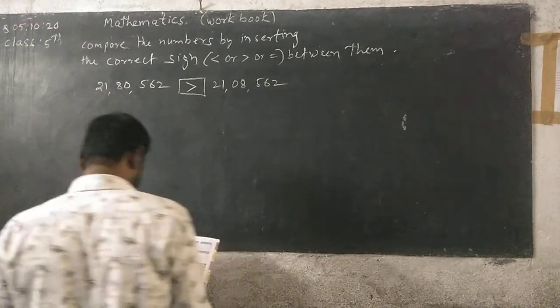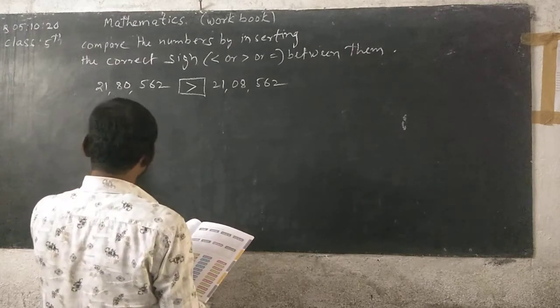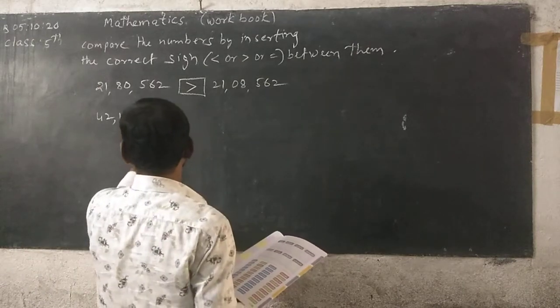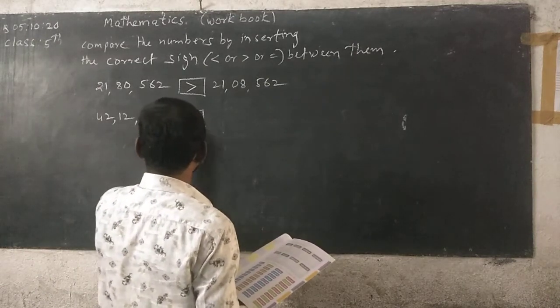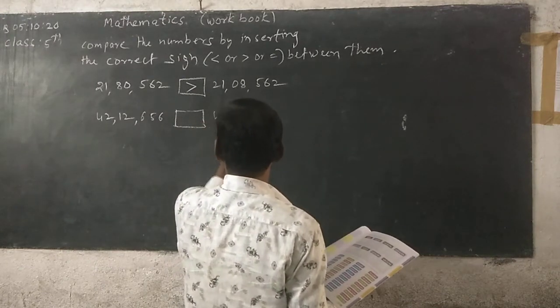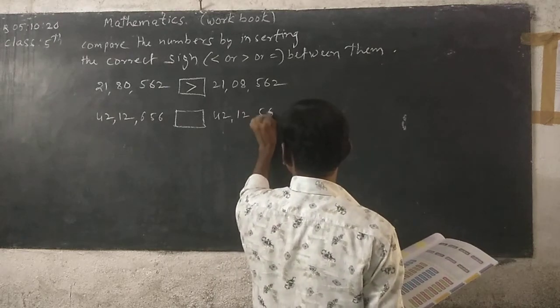Next, 42,12,656 you can write directly. Then here 42,12,566.